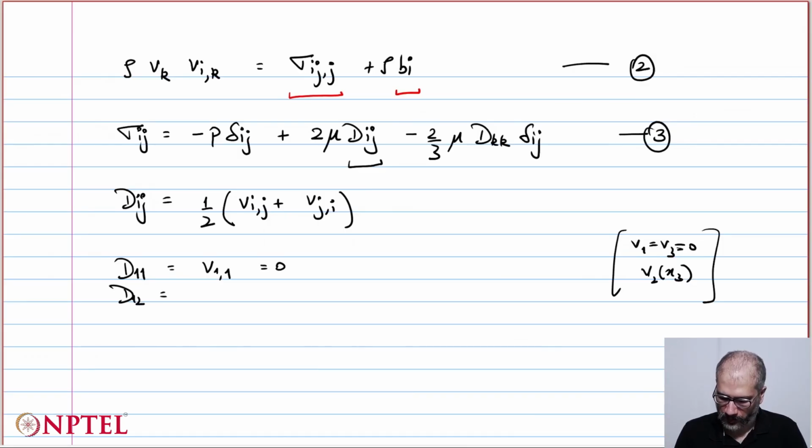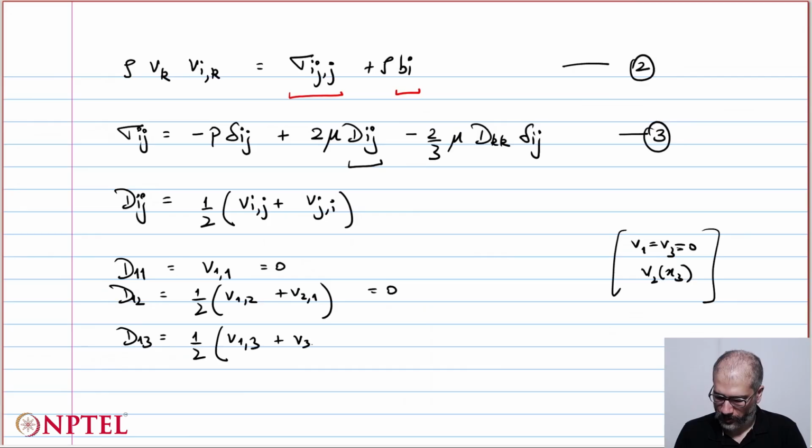Then D12 is half v1 comma 2 plus v2 comma 1. Now v1 comma 2 is a 0 because v1 is 0, and v2 comma 1 is a 0 because v2 is purely a function of x3. So this also becomes 0. Then we have D13, which is defined like this. Now v1 comma 3 is a 0 because v1 is 0, and v3 comma 1 is a 0 because v3 is a 0. So this comes out to be 0 as well.